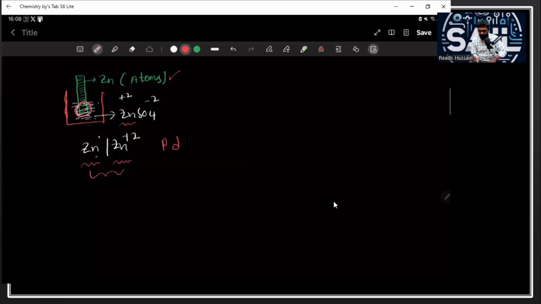When these two are in contact, there exists some potential difference. This potential difference is called electrode potential. That is the meaning of electrode potential.